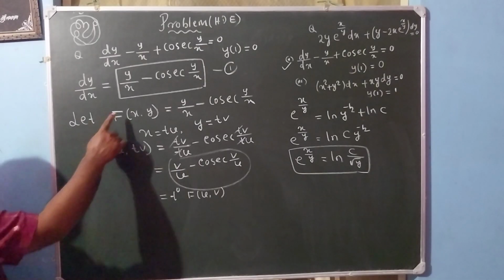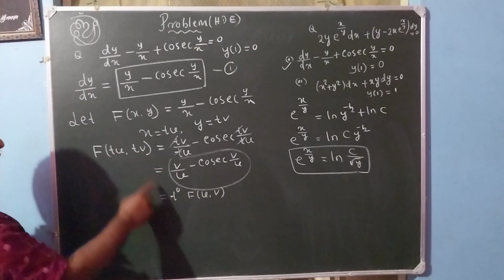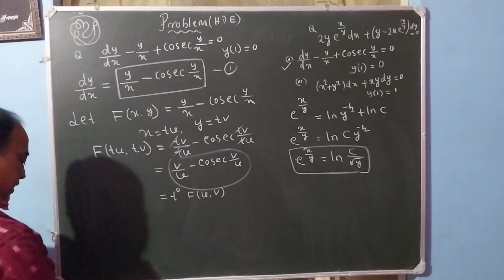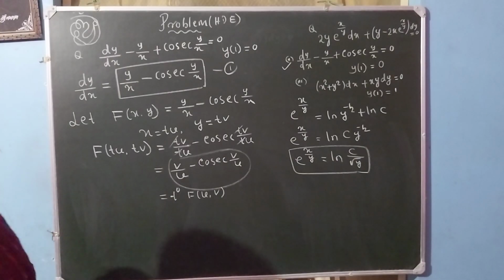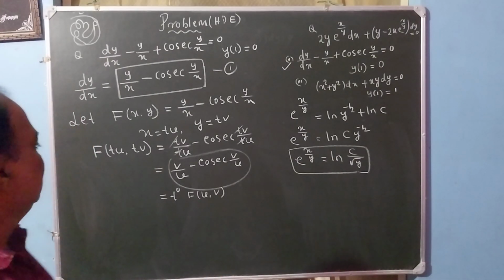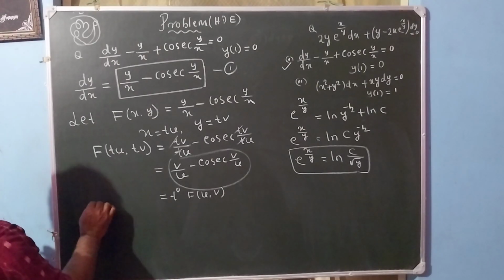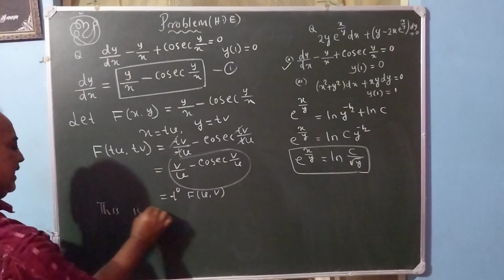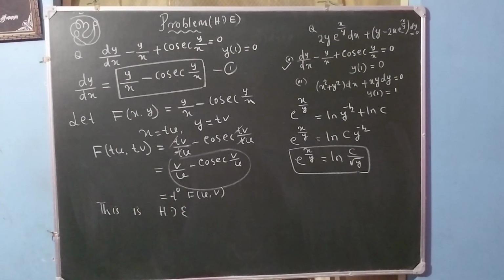When an expression can be expressed as f of tu tv is equal to t to the power n f of uv, at that time we say that it is homogeneous. So this is a homogeneous differential equation, HDE.